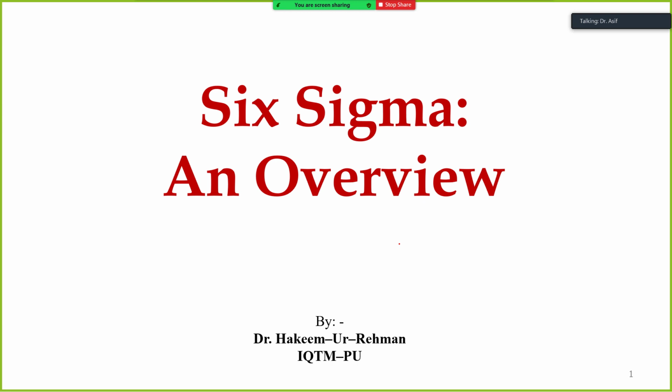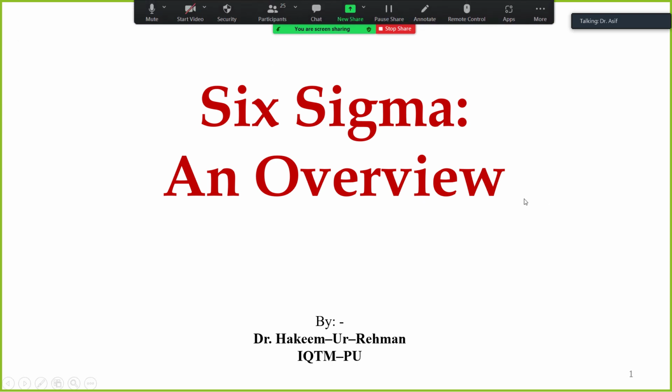Six Sigma is one of them. If Six Sigma is not there, we will be left with ad hoc, random tools and techniques, which may work, which may not work. But the benefit of Six Sigma is that it provides a highly structured approach.